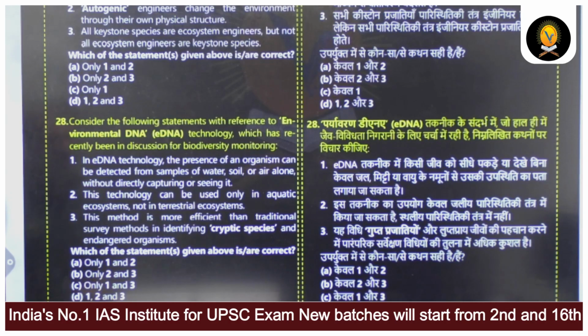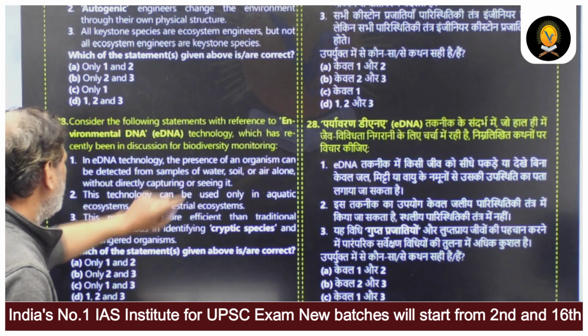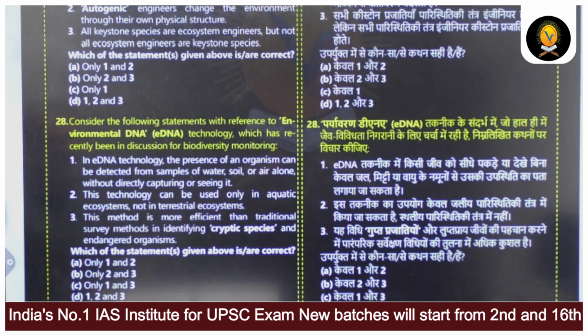Correct. This technology can be used only in aquatic ecosystems. Wrong, because we also use soil and air. This method is more efficient than traditional survey methods in identifying cryptic species and endangered organisms. Yes. So, 1 and 3 are correct.